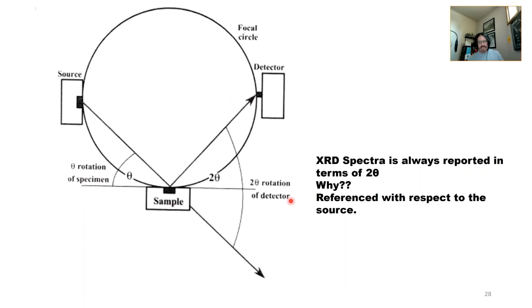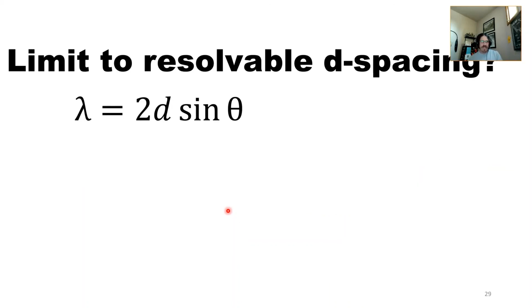Why, you may ask? The detector is always referenced with respect to the source. If you draw a line continuing from the source through the sample, you get 2 theta from that. So 2 theta is always reported with respect to the source. That's why.